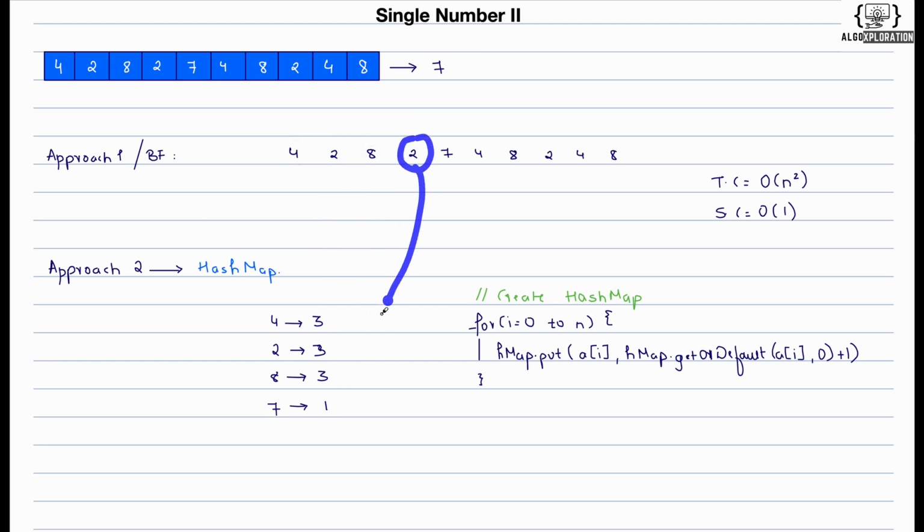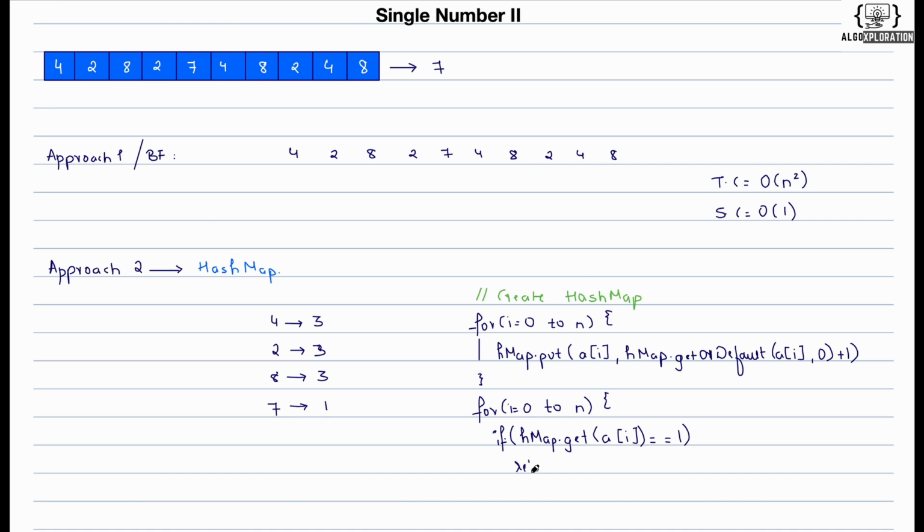Here also for 2 the frequency is 3, but while coming to this 7, we know that the frequency is 1, so just return it. So for I running from 0 to n, you can do hmap dot get a of I. Okay, if it is returning 1, at that time we have to return the element.